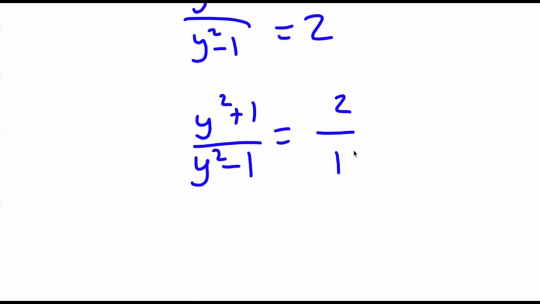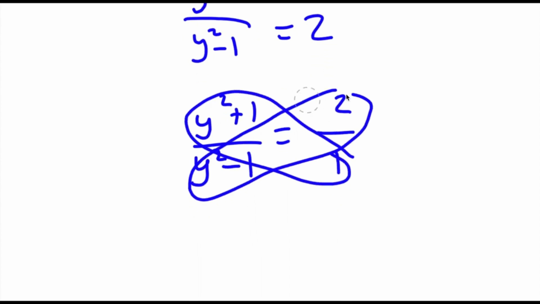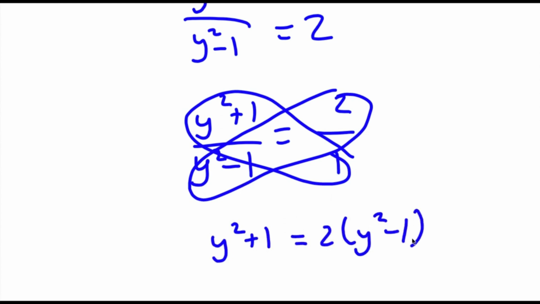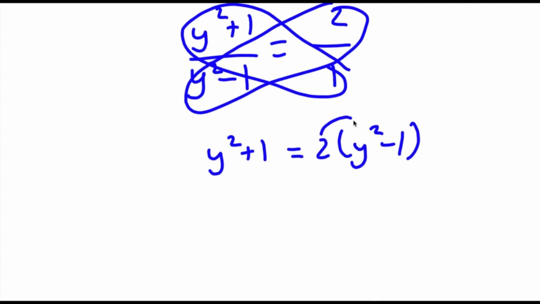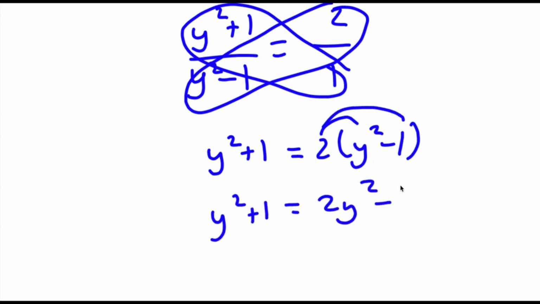Now to solve this, I can simply cross multiply. So now I have y squared plus 1 times 1, which is y squared plus 1, is equal to 2 times y squared minus 1. Now if I distribute my 2 here, I get y squared plus 1 is equal to 2 times y squared is 2y squared minus 2 times 1 is 2.